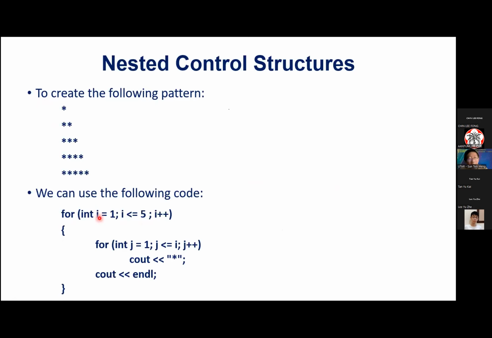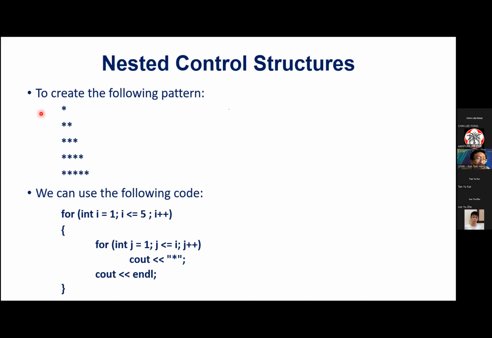So the outer for loop will loop 5 times, starting from the integer I equal to 1, while I is less than or equal to 5. It goes into the body of the for loop and executes the statements inside, and then it updates the value of I by 1. So this for loop will loop 5 times. Therefore, you have 5 lines.